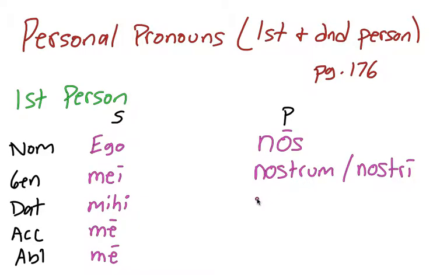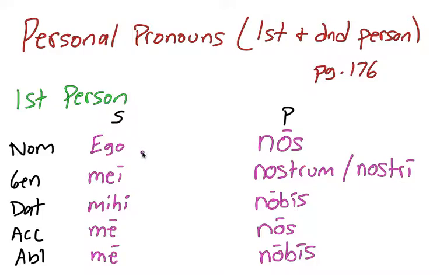Okay, the dative is nobis. The accusative is nos, so the nominative and the accusative are the same. And the ablative is nobis. Okay, so the plural is nos, nostrum or nostri, nobis, nos, nobis.